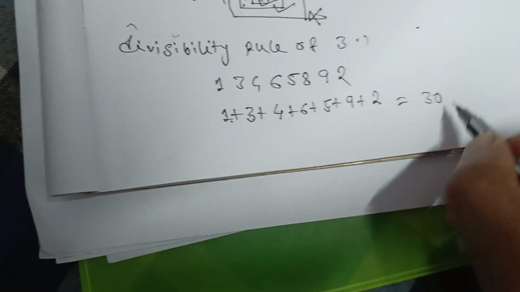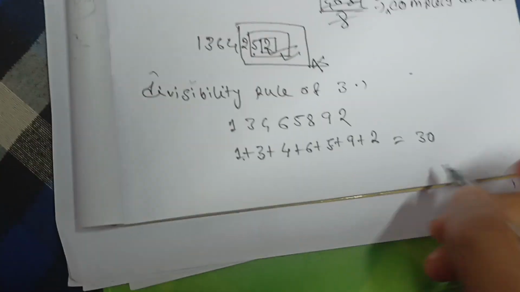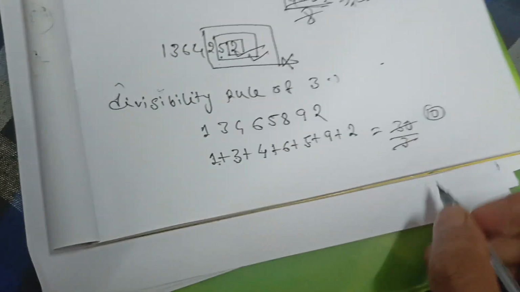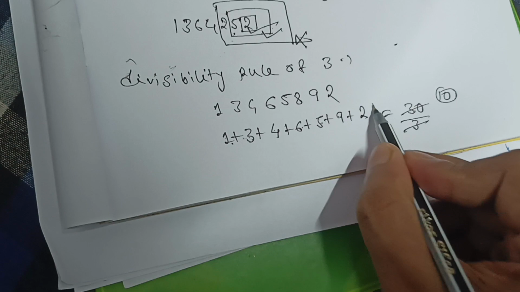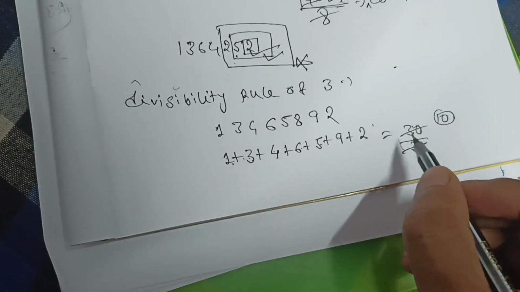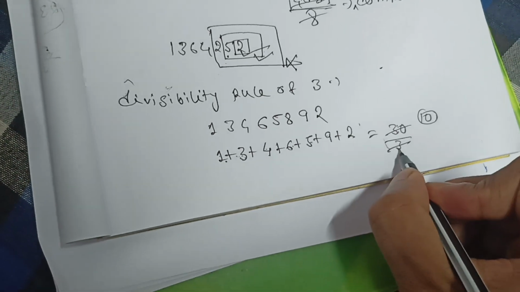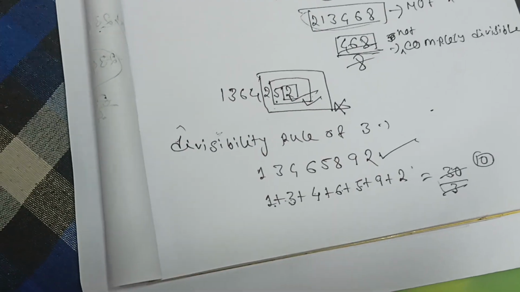So here we are getting 30. Is 30 totally divisible by 3 or not? Yes, 30 is totally divisible by 3. So if the result of the sum of the digits is divisible by 3, then the total number is also divisible by 3. Very simple.